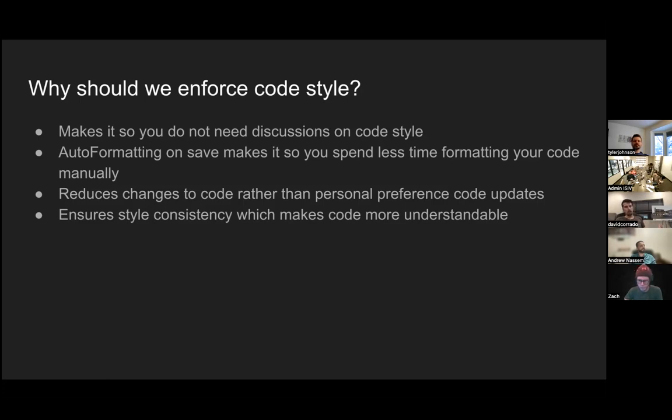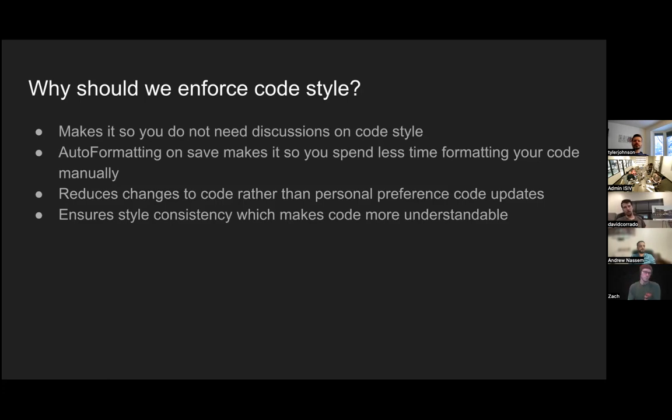Also, if you work at large teams, everybody has different personal preferences. You'll see code over time toggle between personal preferences back and forth, and it causes code churn and random changes that are unnecessary. You can still do those with ktlint, but there'll be less of them.